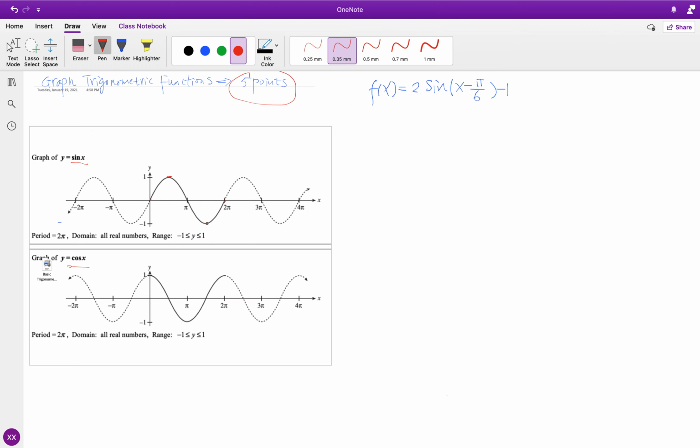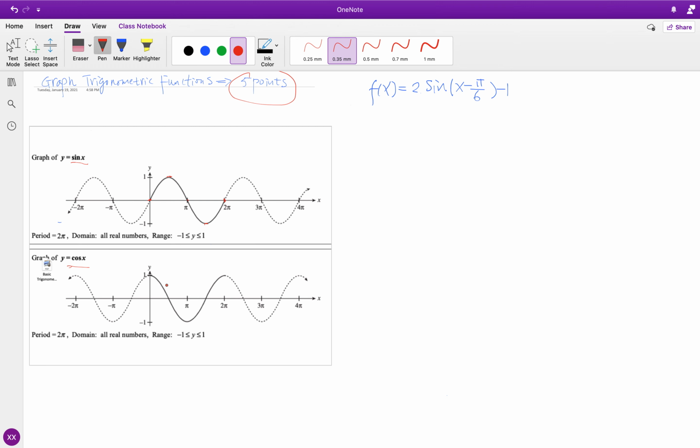So this is a positive 1, and this is a negative 1. So we call this a max, this is a min. And note, for sine, we have the start point and the end point, and also the midpoint. This is all on the x-axis, means their y value is all 0, right?